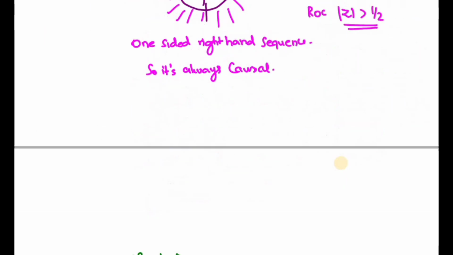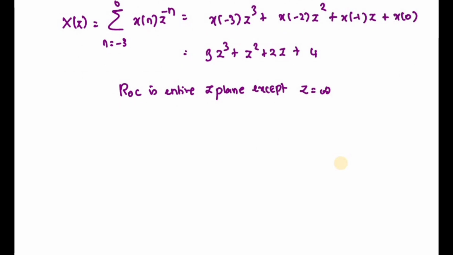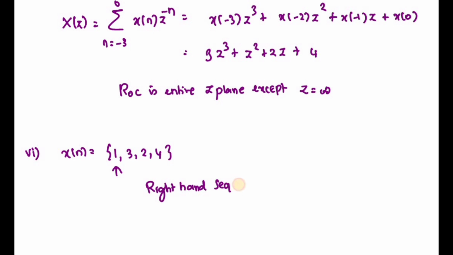So next we will discuss the positive sequence also. Suppose x of n is equal to 1 3 2 4, okay, and here it is a right hand sequence.